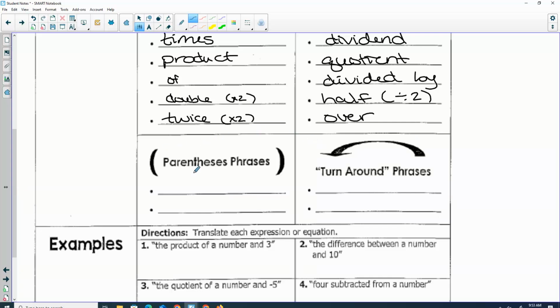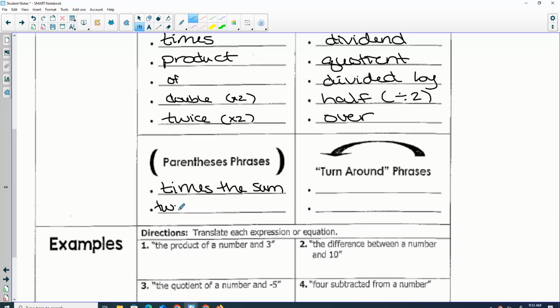Okay, sometimes we need parentheses. A time when we might see that is if I say I have something times the sum. So first we would have to add the numbers together and then multiply, so we would need the adding in parentheses.